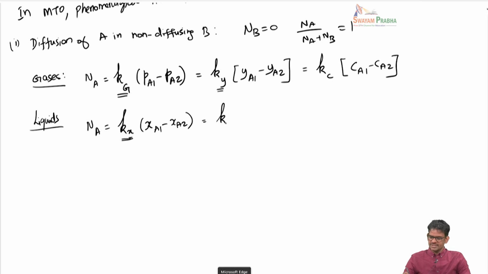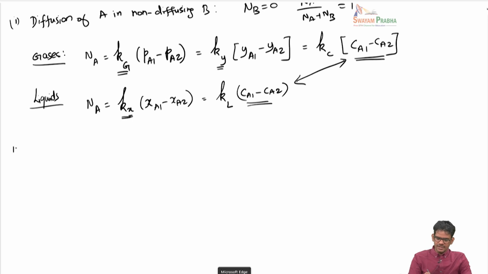You can also use this Kl when we use molar concentration in the liquid phase. So, there is a difference between these two expressions. Here, when we write Ca in the gas phase, we can relate this to pressure: concentration is written as P by RT. Whereas in the liquid phase, concentration is a molar quantity, how many moles per unit volume of the solution.